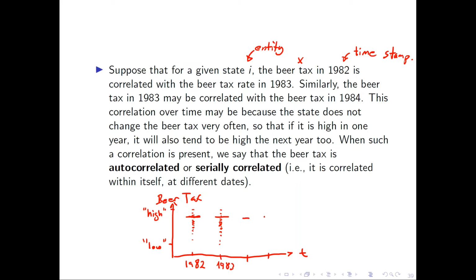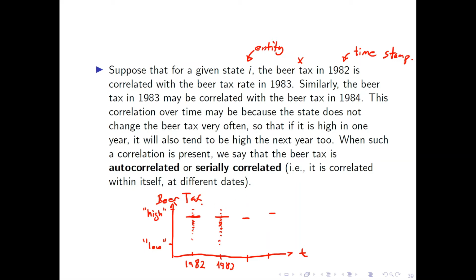If a state has a high beer tax in one period, the probability of the beer tax being high in that state the next period is quite high. And low beer taxes follow low beer taxes, which means that the beer tax is correlated within the entity, within the state.